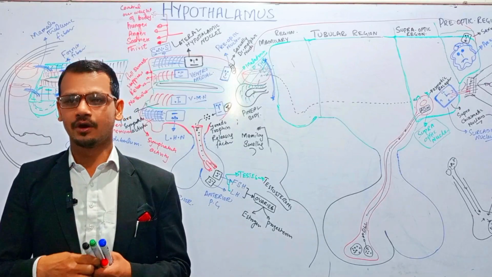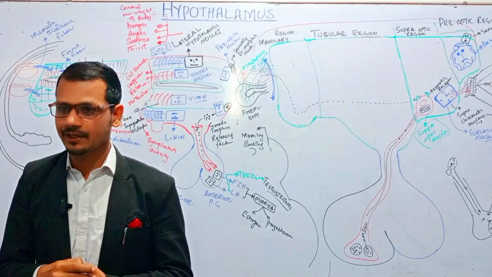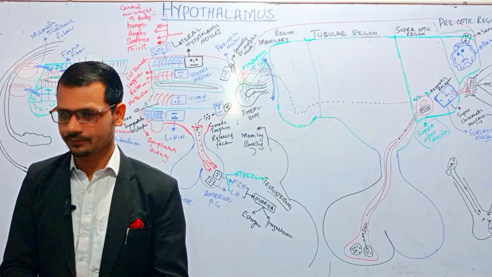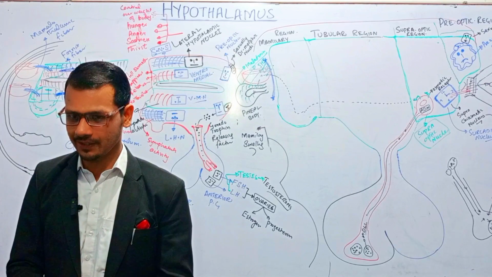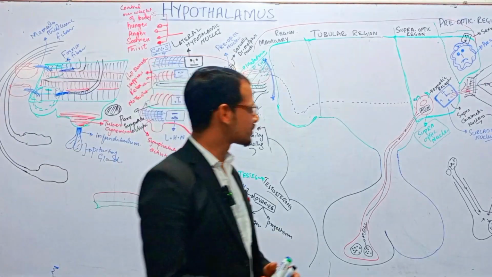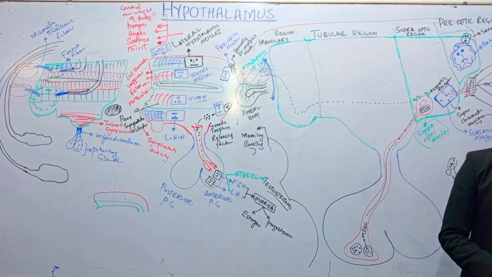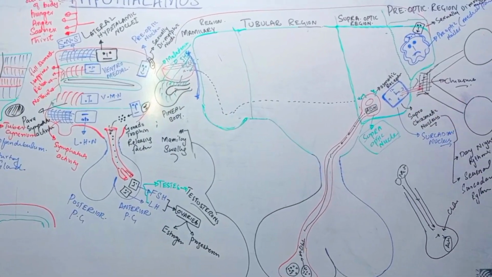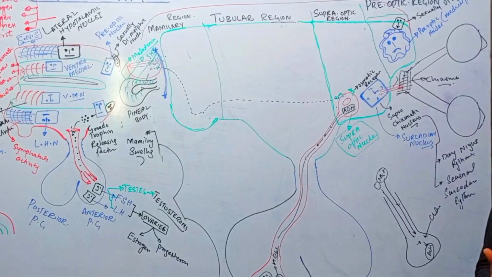So when our body has a low water level, when you are not drinking water, the osmolarity increases, meaning the blood is concentrated now because you are not drinking enough water.